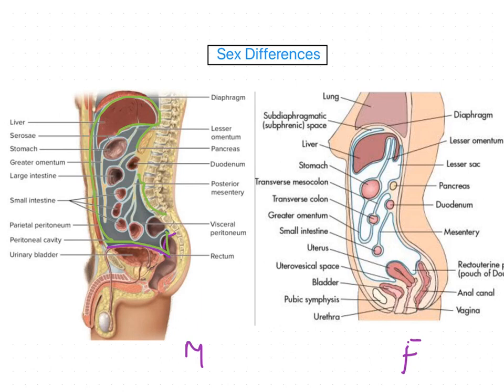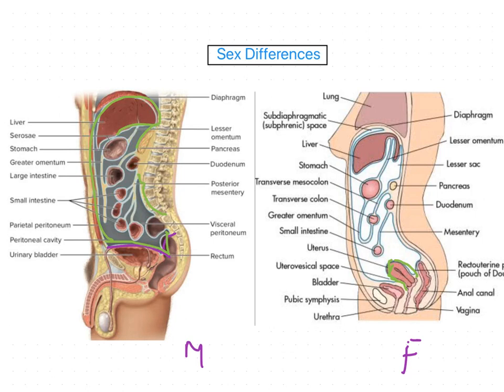Whereas in the female, it communicates with the exterior. The peritoneal cavity communicates with the exterior through the fallopian tubes, uterus and vagina.